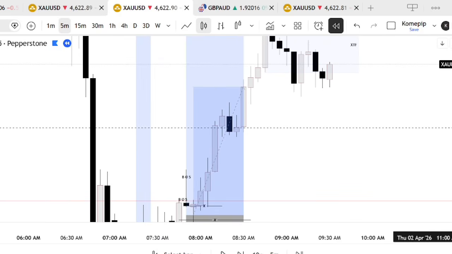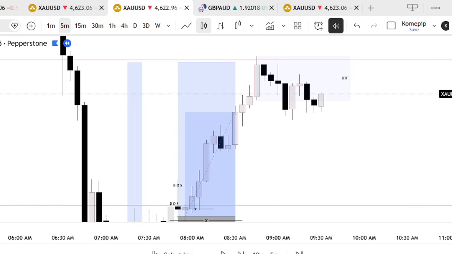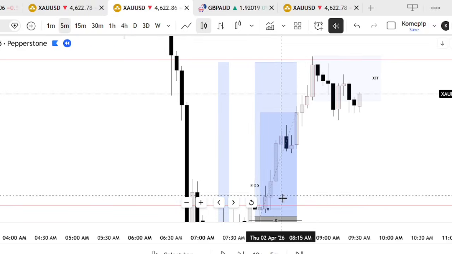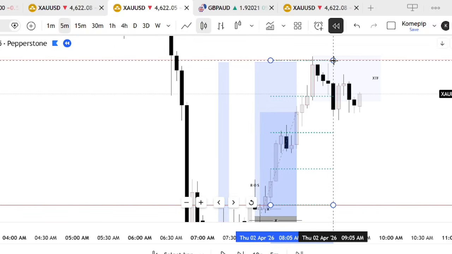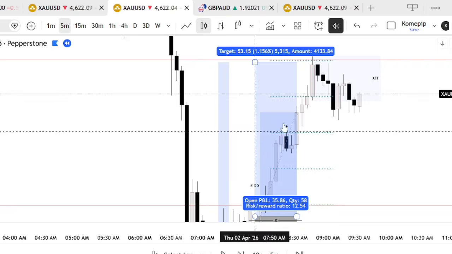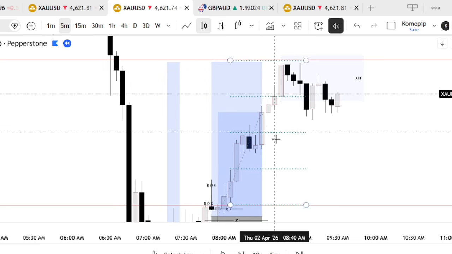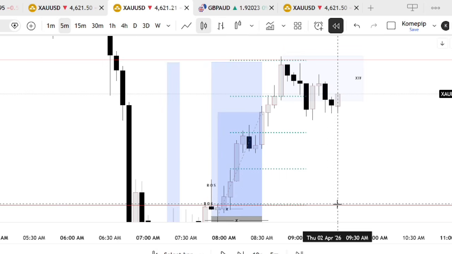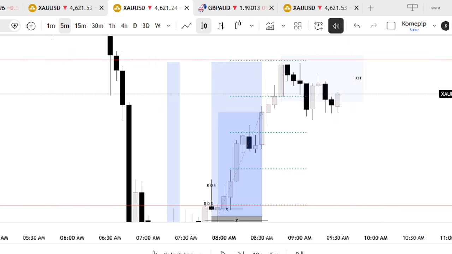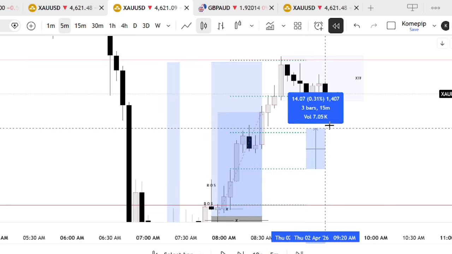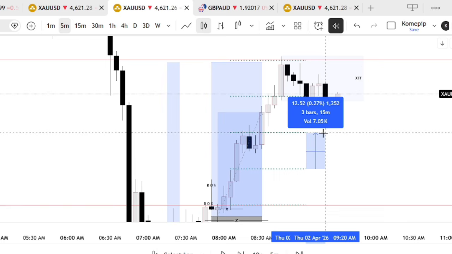Okay, so what we'll do is we're going to subdivide our institutional level into 4 places, and this is gold, so this will give us like 125 pips each, right? Because from here to this level is 500 pips, then each of these is 125 pips.